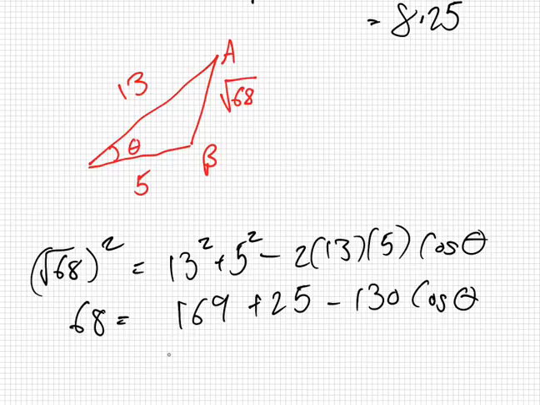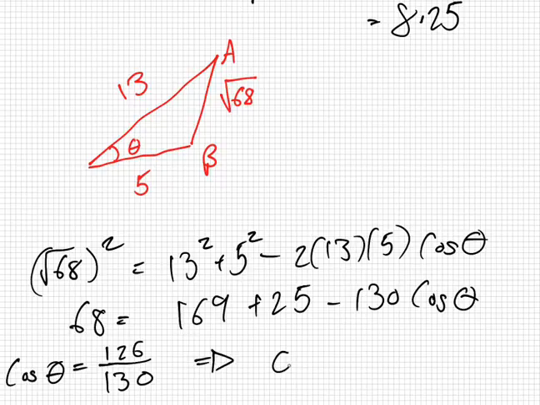So this will be 100 minus... 126 over 130 is the cos theta. So that means theta is cos inverse 126 over 130. I hope I did all that right in my head. This is nearly 0 actually. It's quite small.